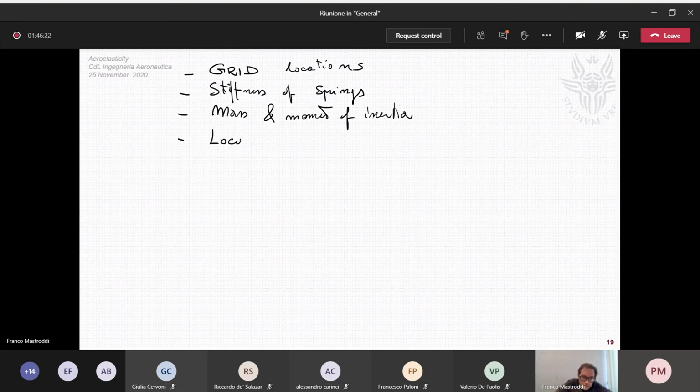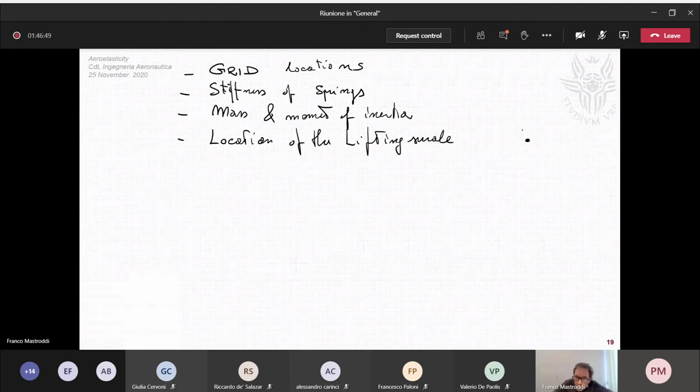Location of the lifting surface, in the sense that we have a center of gravity or center of mass and an elastic center.